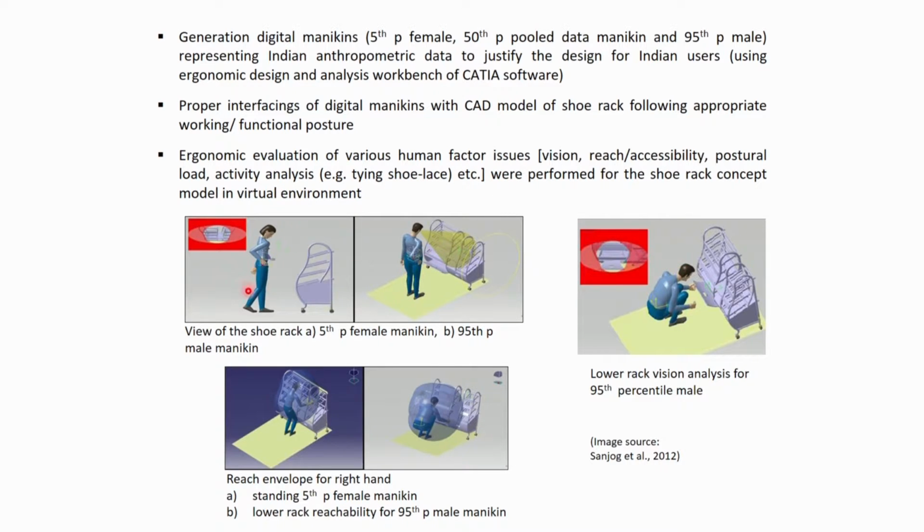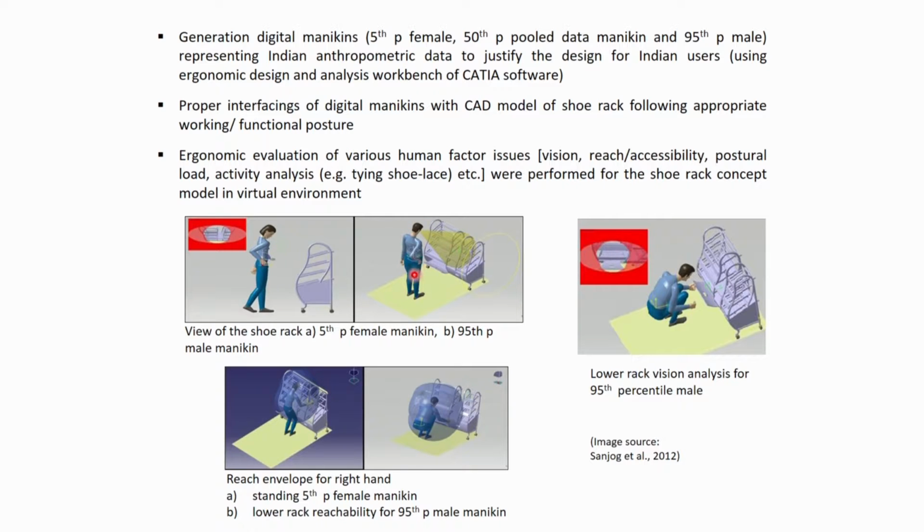Now, here are a few images. From these images, it is visible that while the 5th percentile female is standing in front of the shoe rack, she can visualize the rack clearly. So, from vision analysis, it is very much visible.